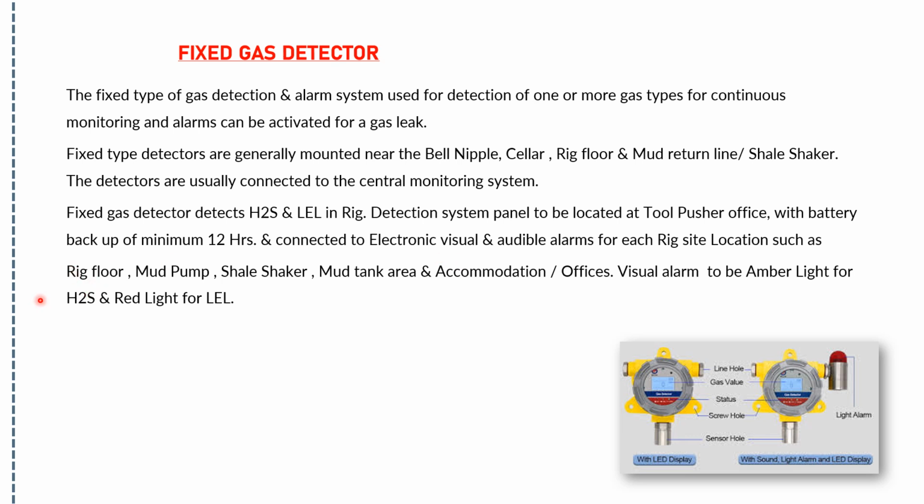The places where the alarms are installed are the rig floor, mud pump, shale shaker, mud tank area, and accommodation and offices. The visual alarm is to be an amber light for H2S and a red light for LEL. LEL means fire.